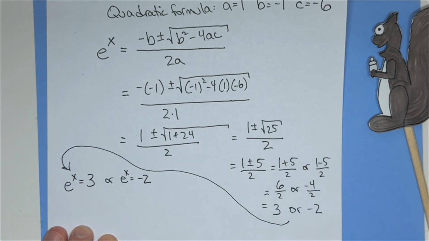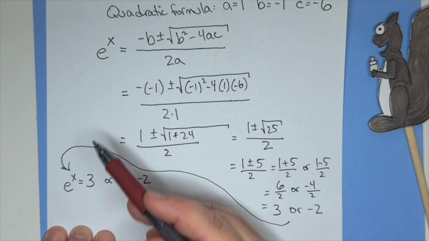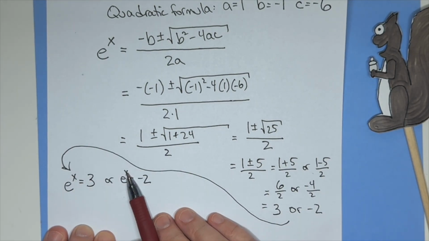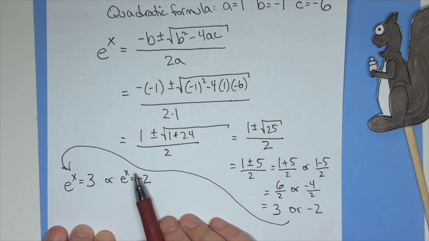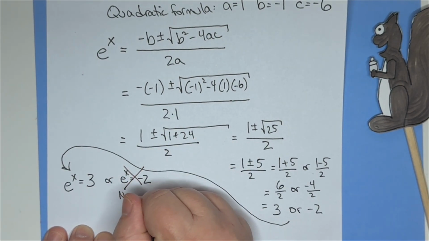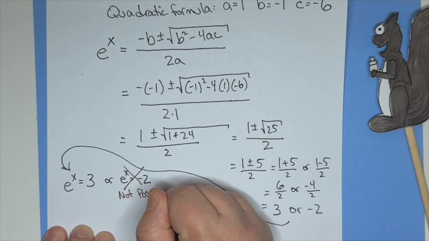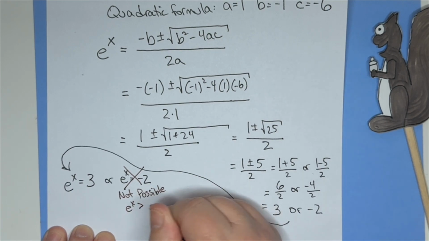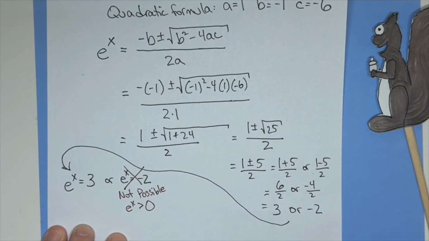And something interesting happens here. E raised to the power x, no matter what x is, cannot equal -2. This is not possible. E to the x has to stay greater than 0.